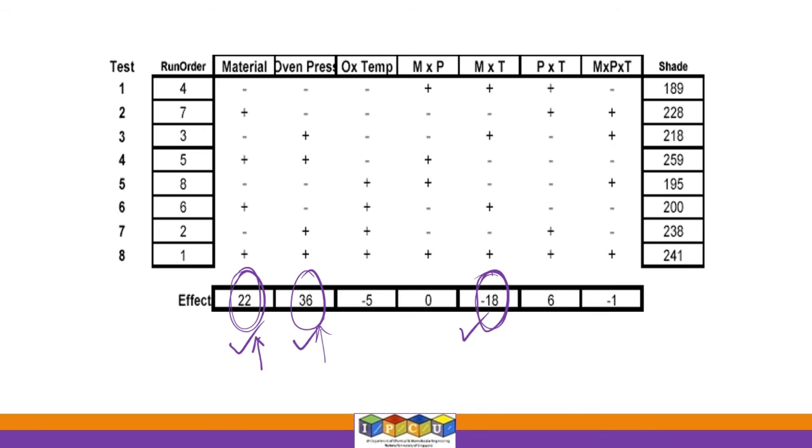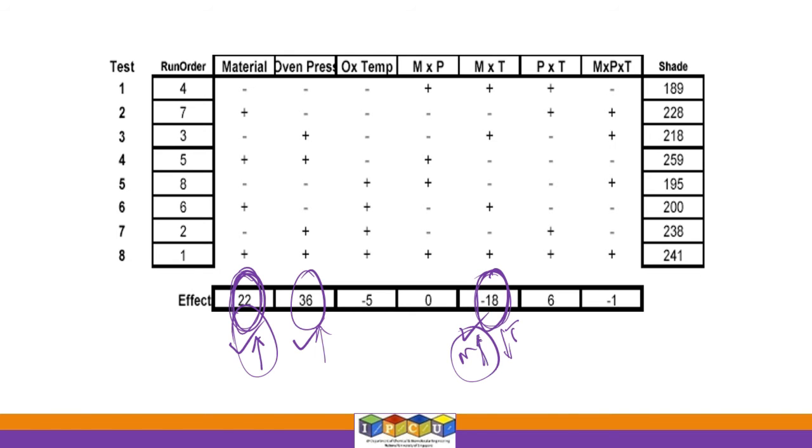And if M increases, what I'll do is I'll try to decrease the oxidation temperature. This is temperature, this is material, because M times T has got a negative effect. And increasing M is actually good because of this positive effect of materials.